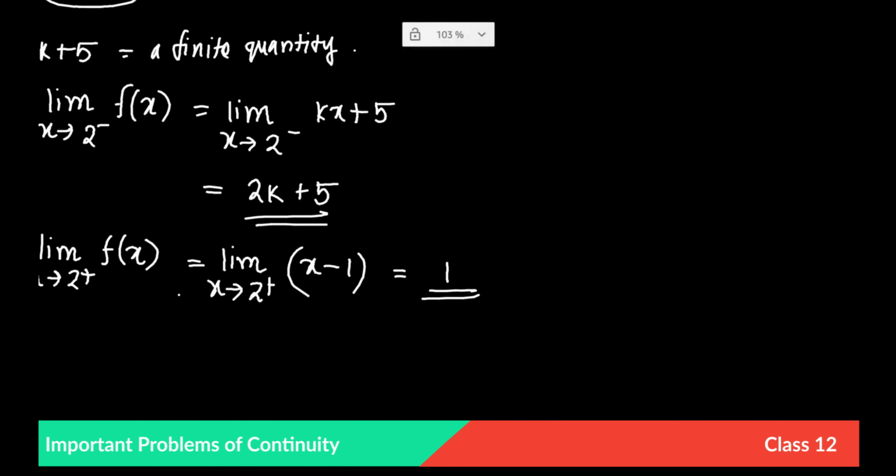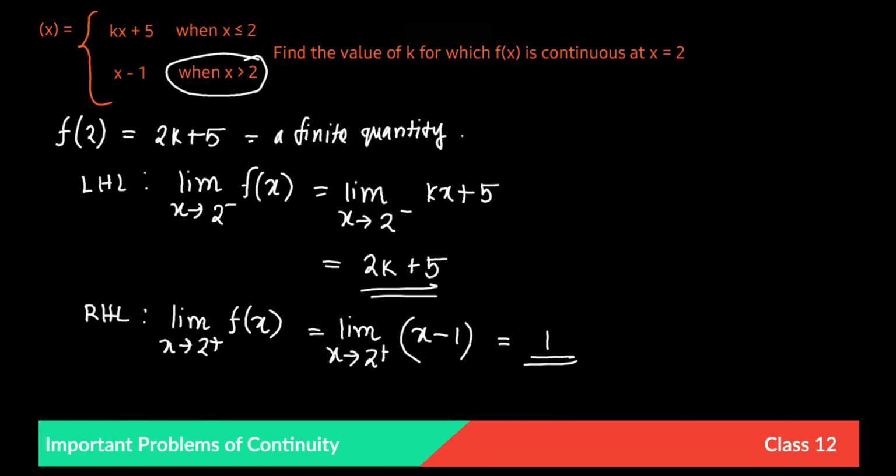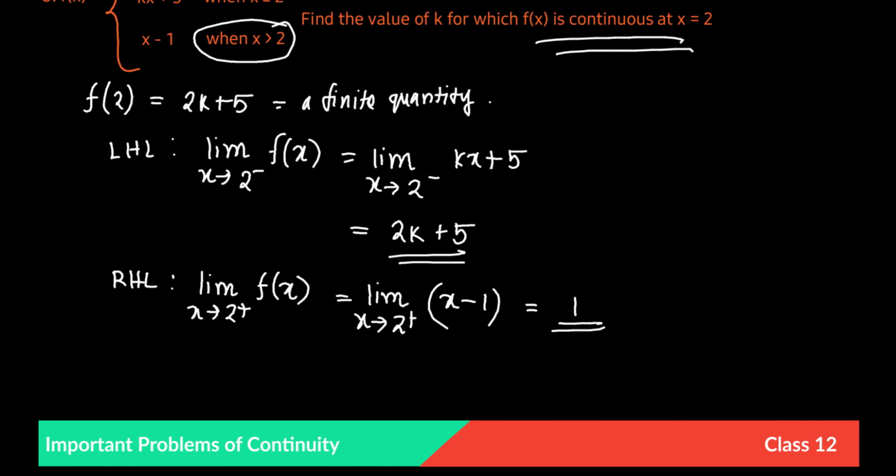Now, since it is given that f(x) will be continuous at x equals 2, that means LHL will be equal to RHL and equal to f of 2. Now f of 2 and LHL are the same.